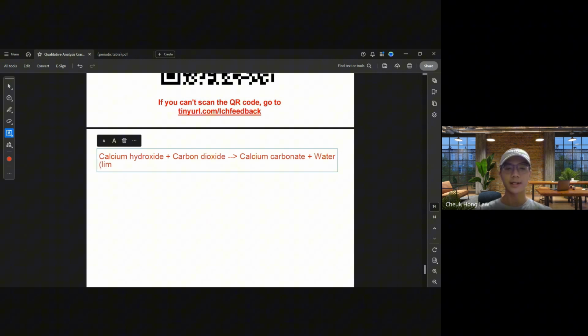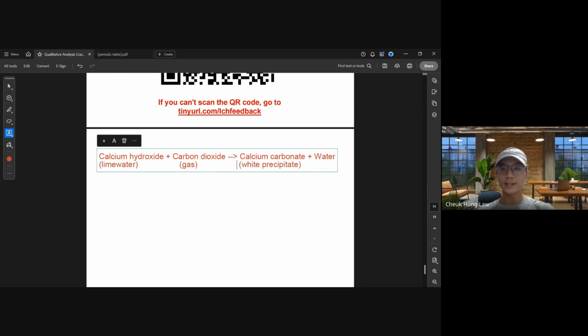Calcium hydroxide is your lime water. I want you guys to note this down because this is very important. Calcium hydroxide is lime water. Carbon dioxide is the gas that you're testing. Calcium carbonate is your white precipitate. And water is just another product.